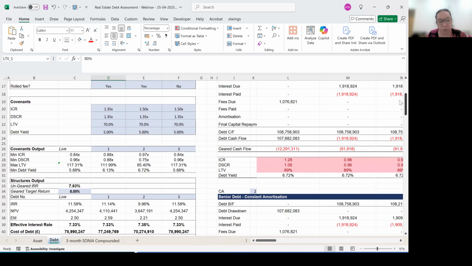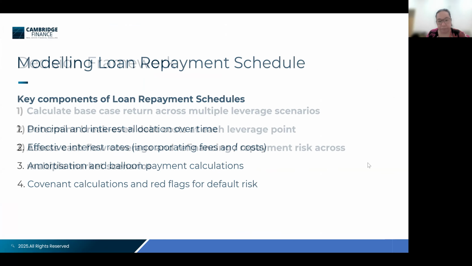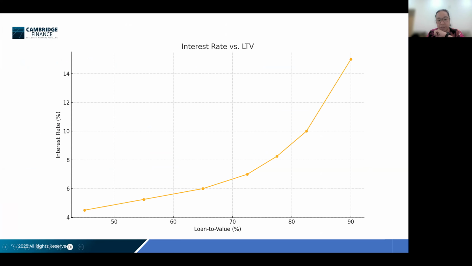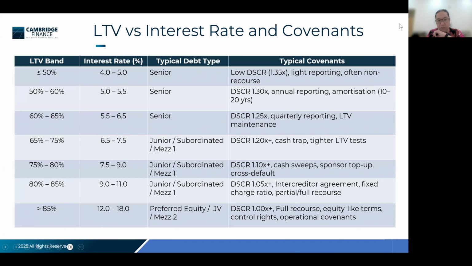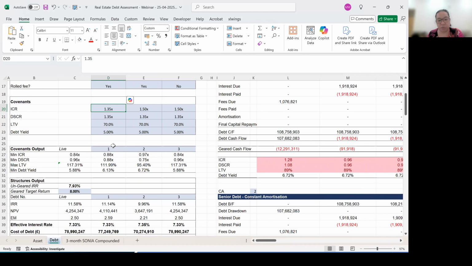And how much you can borrow will depend on these covenants here, on what is going to be the threshold. So if you remember from this chart here, the lenders are going to give thresholds for you, saying you cannot breach the 1.35, 1.30, and so on and so forth. Then this needs to be reflected in your financial model as well.